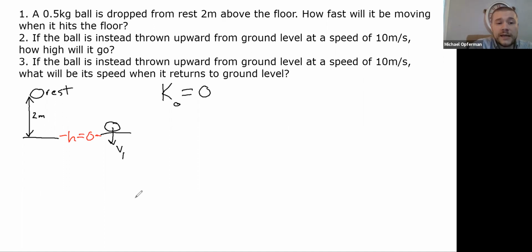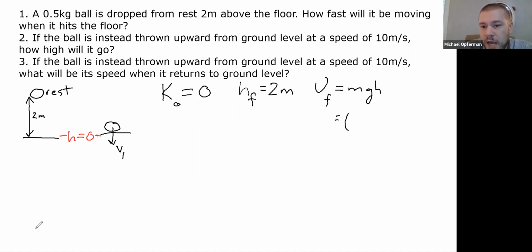So in this case, I can see that my ball starts out 2 meters above h equals 0. So I have h equals positive 2. Oops, change the width of my pen. Here we go. Okay, so h is positive 2 meters. So that gives me an initial potential energy. I'm using the formula mgh.